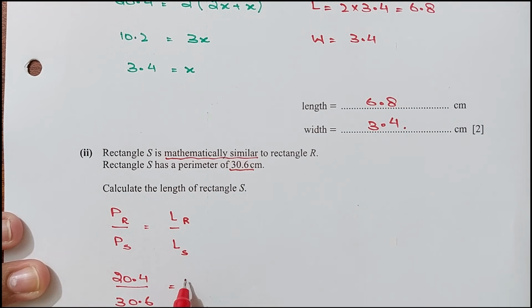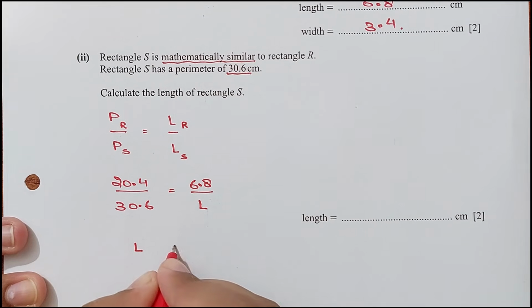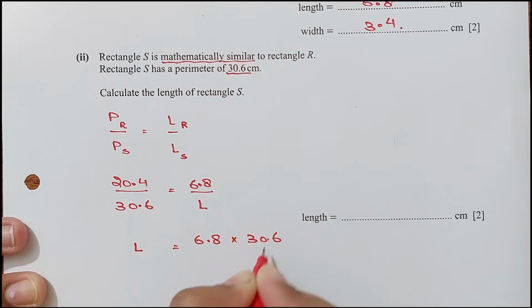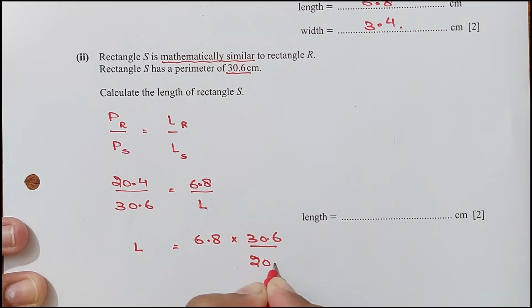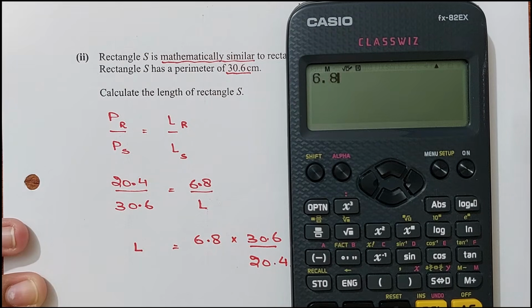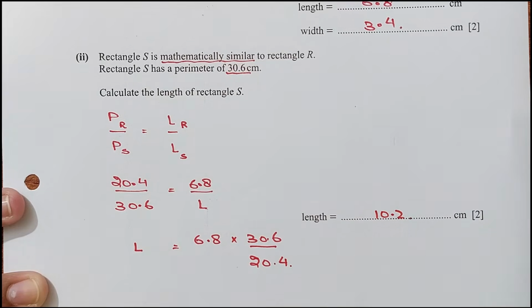This equals the length of R, 6.8, over the length of S, which is just L, right? So simplifying, L is 6.8 times 30.6 divided by 20.4, which is 10.2. So the length is 10.2 centimeters.